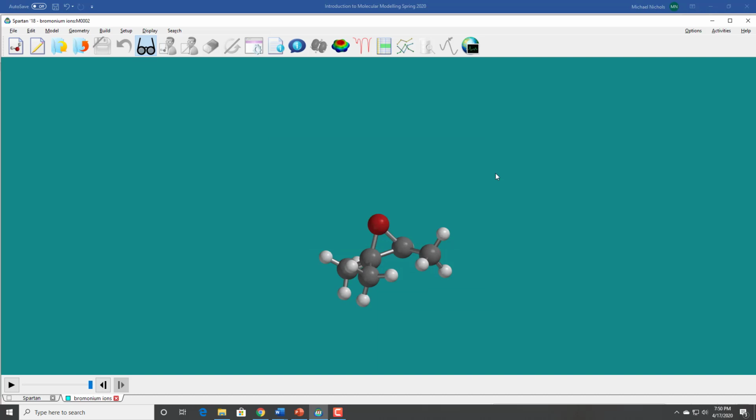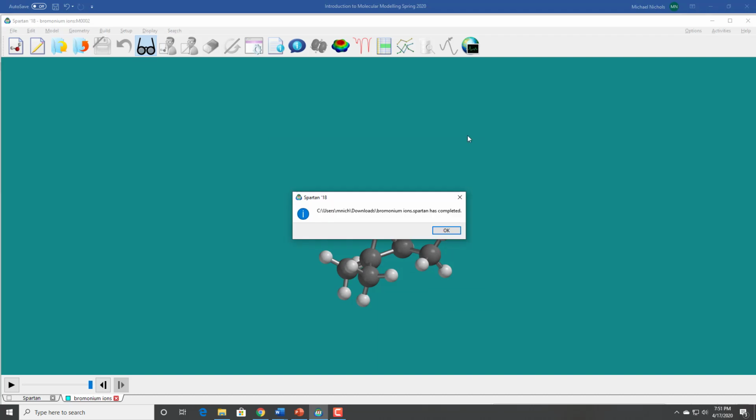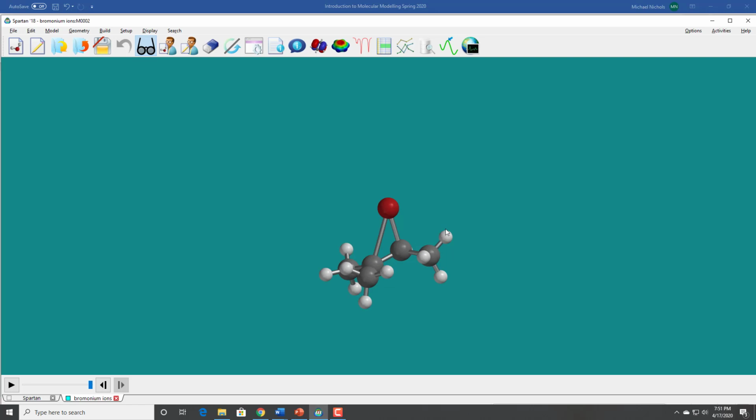Now it may complete really quickly. Okay. So here is the symmetrical one. Nope. Where is the symmetrical one? I lost the symmetrical one?